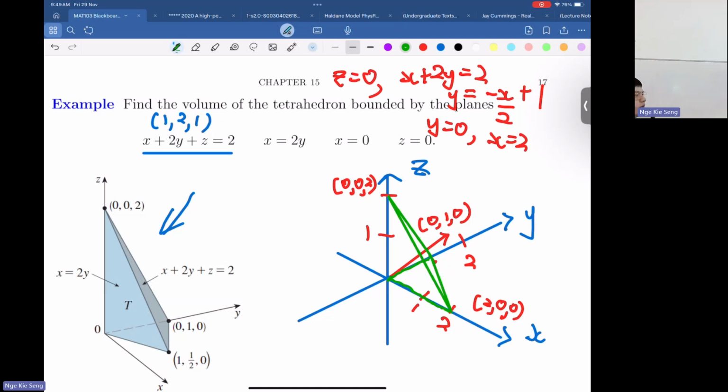x equals 0 is what plane? This one is the zy plane. z equals 0 is the xy plane. So where is the zy plane? You got this wall here on the other side.